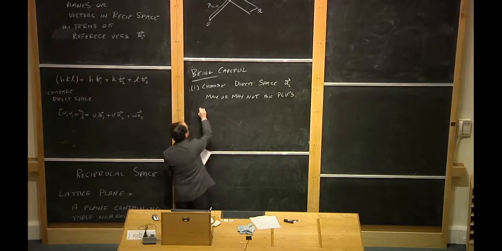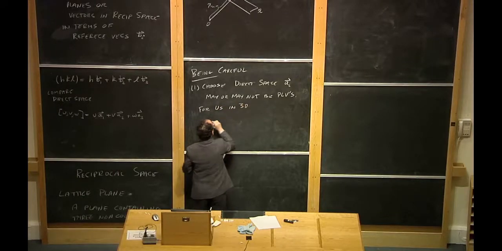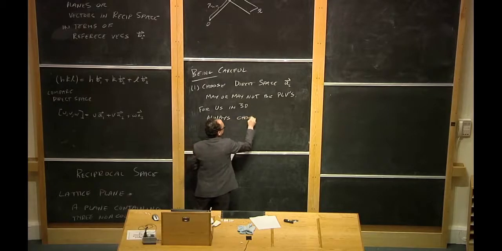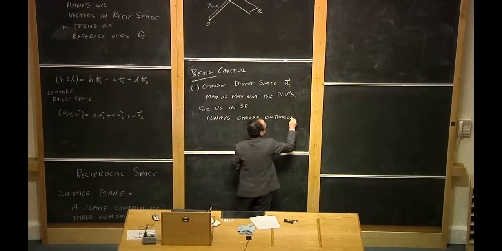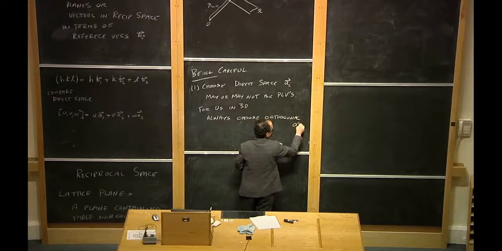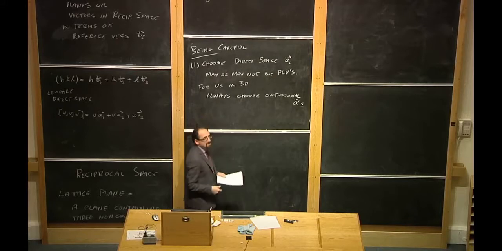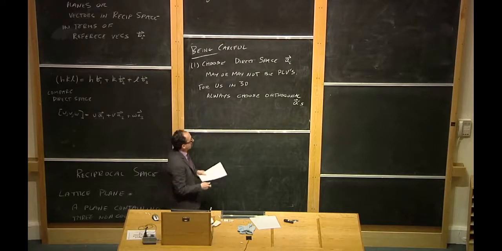For us in 3D, we always choose orthogonal A's. Sometimes in 2D they'll ask a question where they're not orthogonal, but in 3D we always choose orthogonal A's.